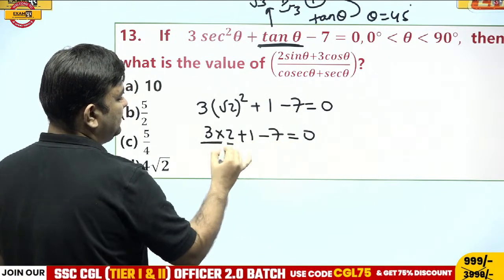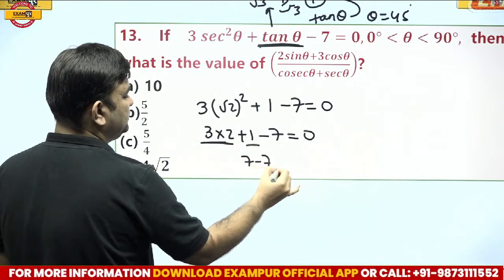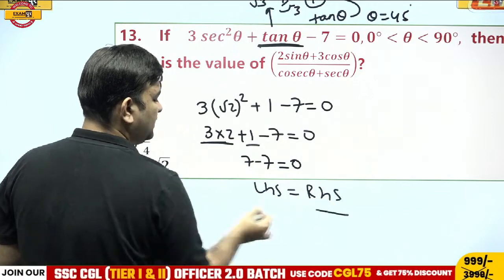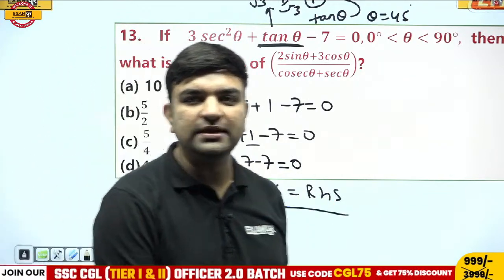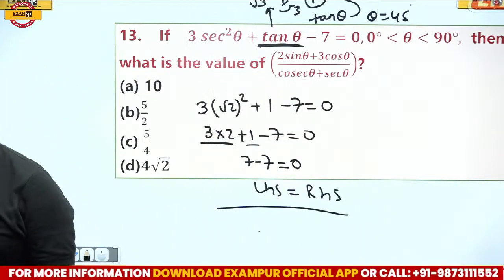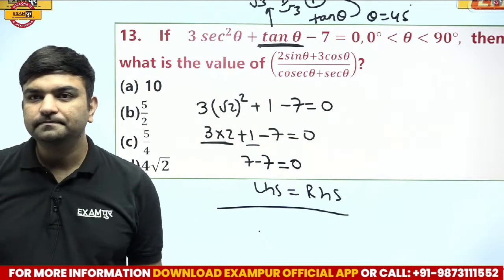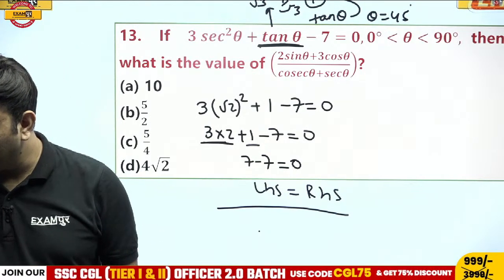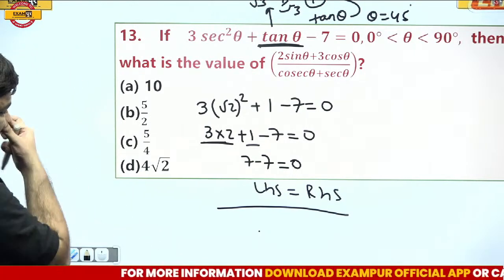Yes, 7 minus 7 is 0. LHS is equal to RHS. So our assumption was absolutely bang on. Perfect. So theta is 45.